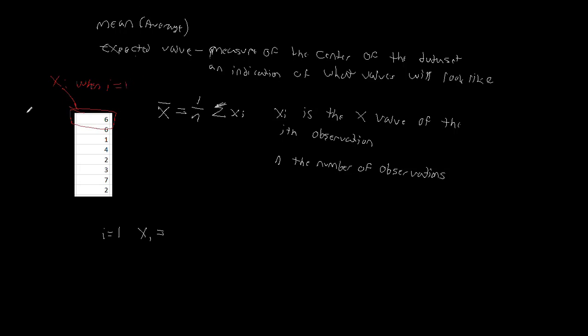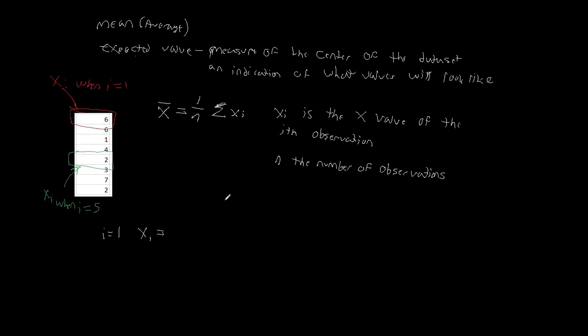And you can imagine going down the list. This value right here is going to be 1, 2, 3, 4, 5. This is x sub i when i equals 5. And so you can imagine summing up. This summation of x sub i is basically saying add up all of the x values in the data set.